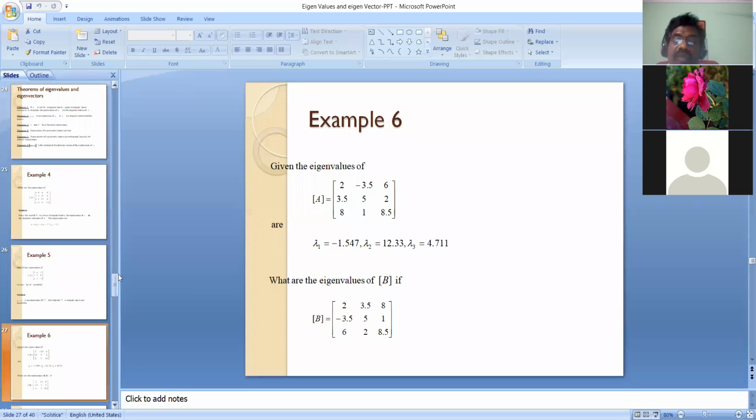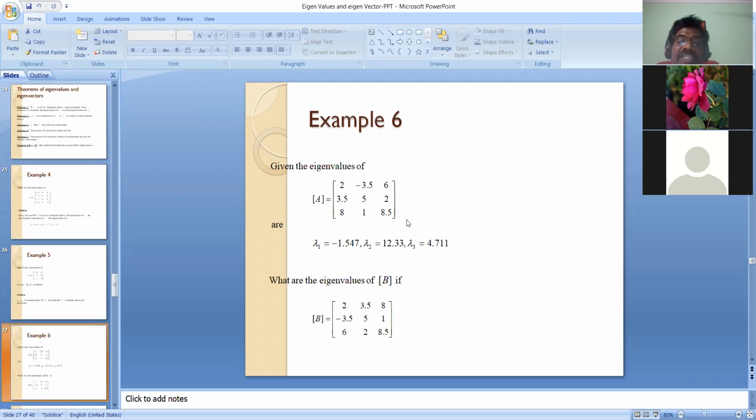Suppose this is the given matrix. Capital A equal to 2, minus 3.5, 6; 3.5, 5, 2; 8, 1, 8.5. This is the given matrix A. Now we change this to A transpose.